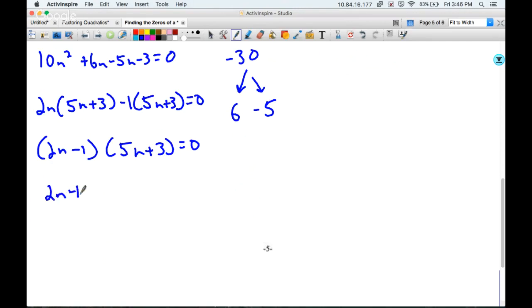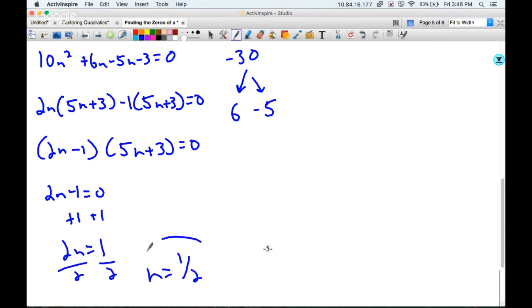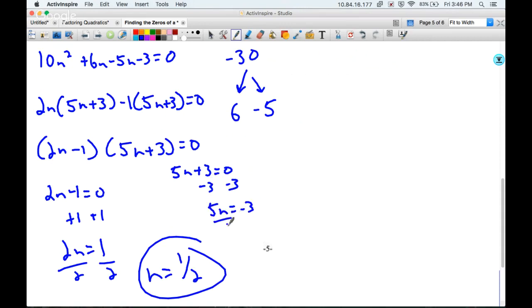We get 2n minus 1 equals 0. Add 1, add 1. 2n equals 1, divide by 2, n equals 1/2. And over here, 5n plus 3 equals 0, minus 3 minus 3, 5n equals -3, divide by 5. We get n equals -3/5.